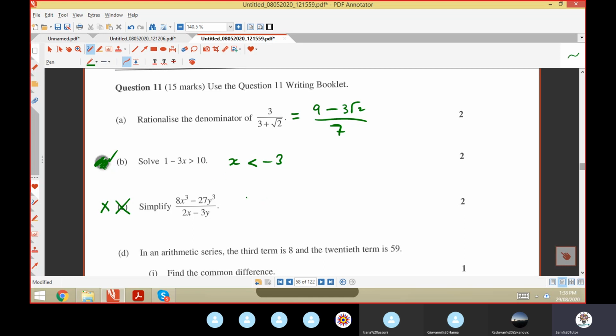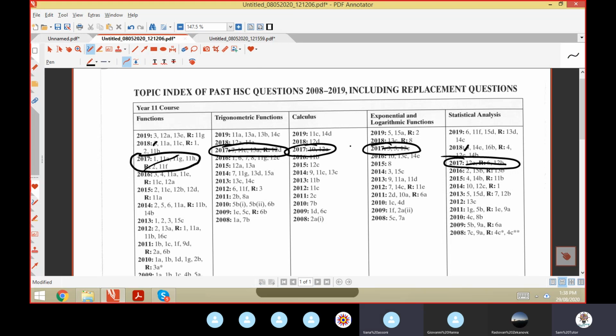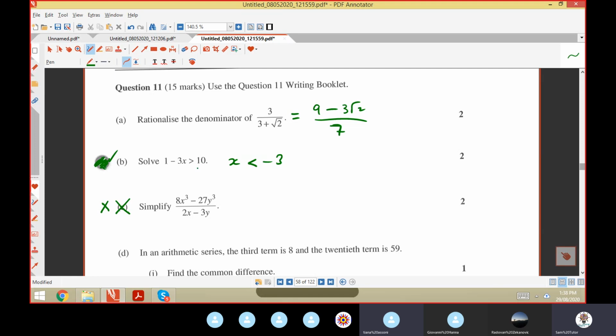Check it out, I could be wrong, because when you divide by a negative, it's going to flip as well. 11A and B, any questions? I don't know how I worked that out just then. It's definitely negative 3. I think you did 10 plus 1, it's okay.